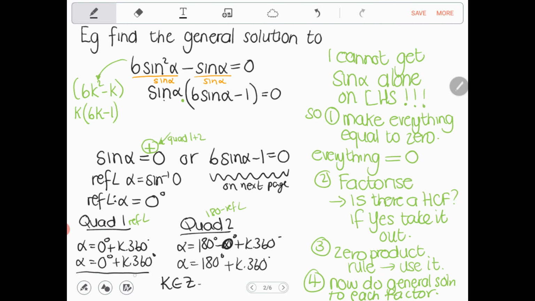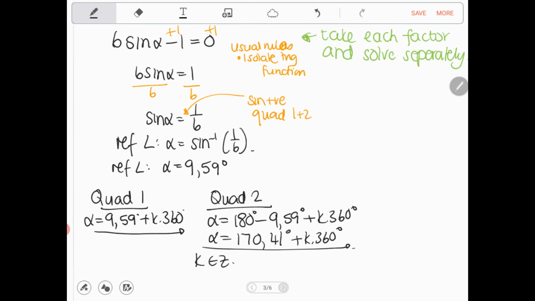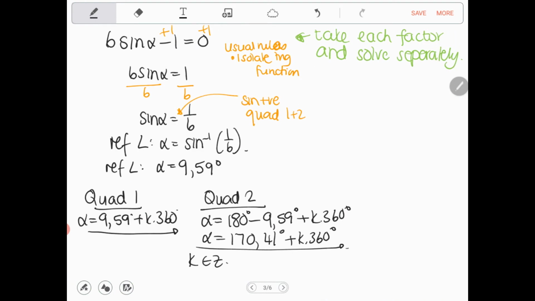So these would be that solution and that solution, as well as these two solutions from the other factor. All right, so there are 4 solutions. So just make sure that you solve each factor.